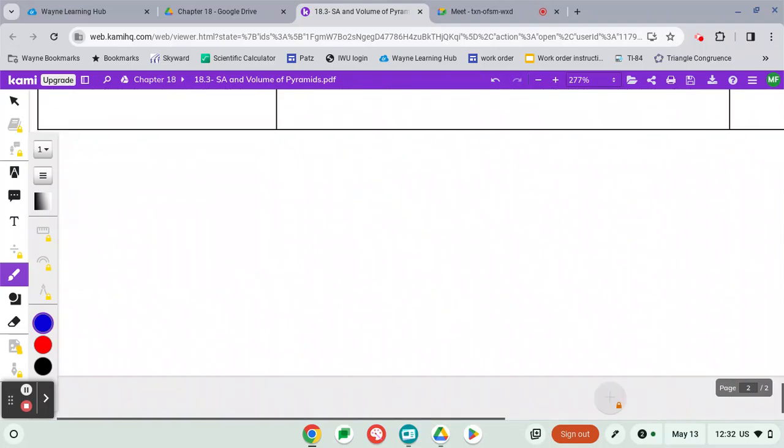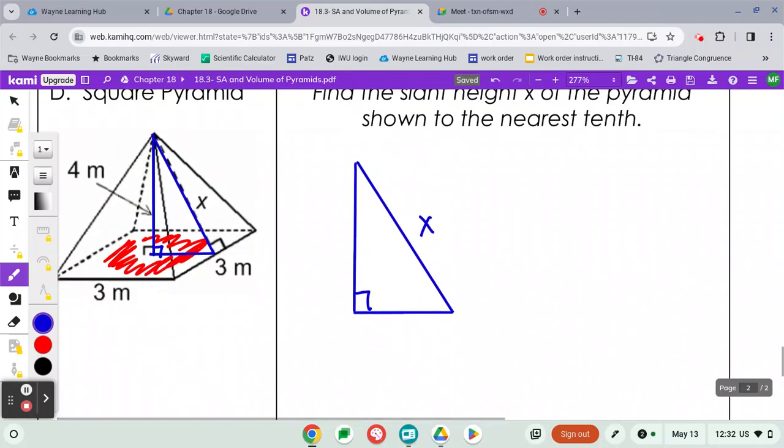I know the height, though. Now, think carefully. What would this chunk be? 1.5. It's not going to be 3, because 3 would be if it was the whole way across, right? But that's the center point. So as Angel said, half of 3, which is 1.5.